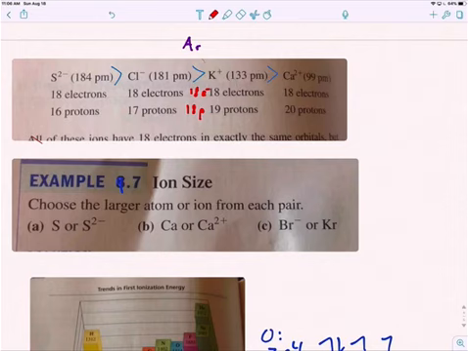So if you look, these all have 18 electrons. And how does their size go? The size goes sulfide is the largest, followed by chloride, followed by argon, followed by potassium plus 1 ion, followed by calcium plus 2 ion. And why is this the case? Because they have the same number of electrons, so they're going to have the same electronic structure, but the positive charge in the center is smaller.